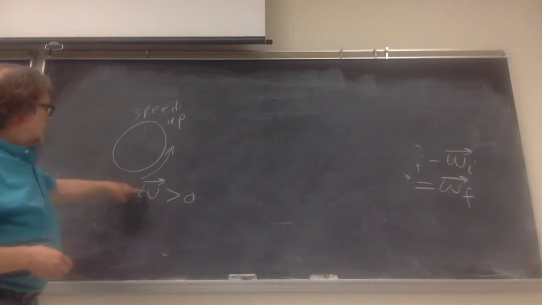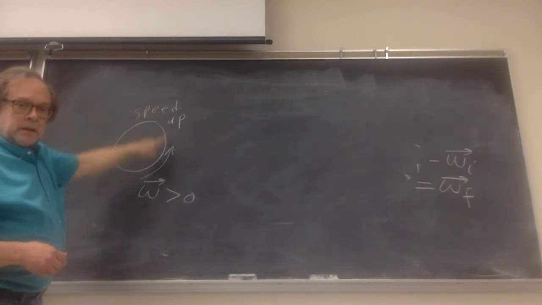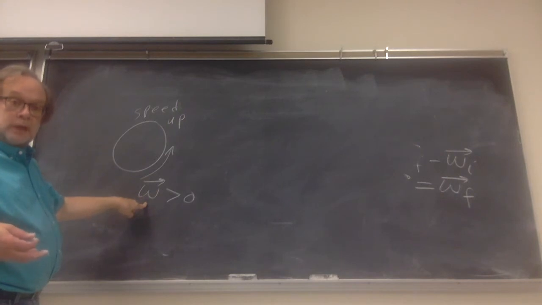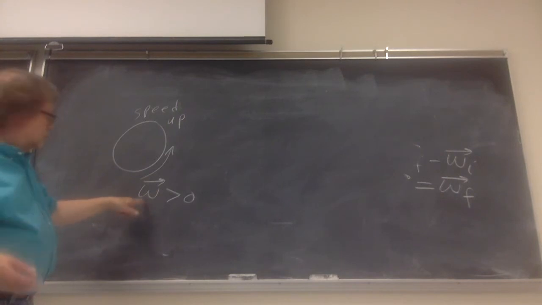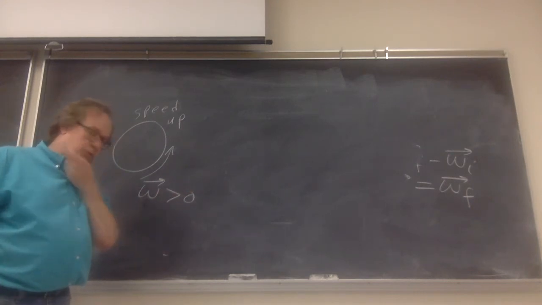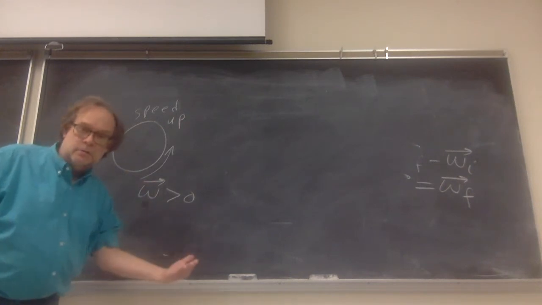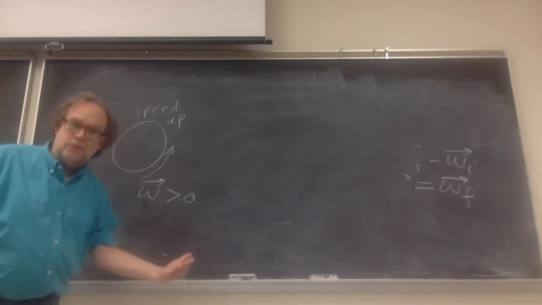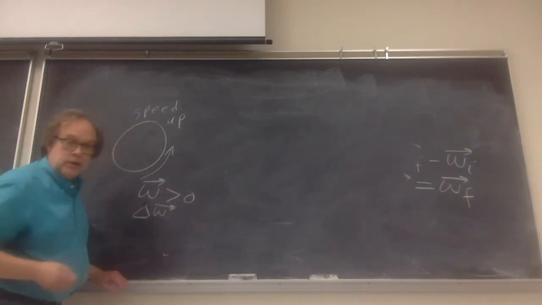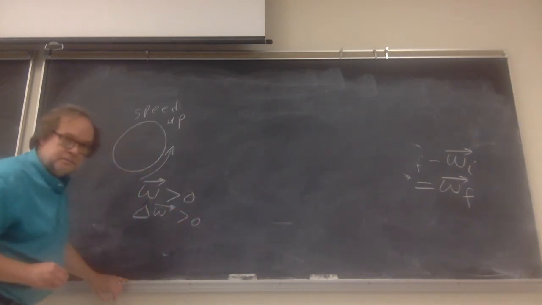So positive velocity and speeding up means this positive number is getting larger and larger, going, say, from 2 radians per second to 4 radians per second. But in order to get larger and larger in that way, you add positive velocity. That is the extra velocity added on in order to make the disk speed up, and it is positive.